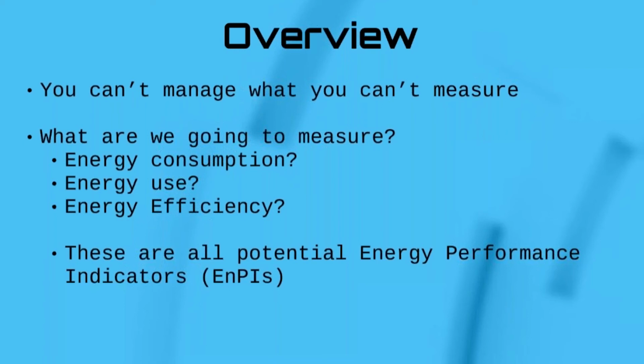For example, you might want to be measuring how much energy is being used for compressed air and have that as an objective to reduce it. Or energy efficiency. You might be aiming to improve the efficiency of a process over time. All of these are potential energy performance indicators, but that's not an exclusive list.